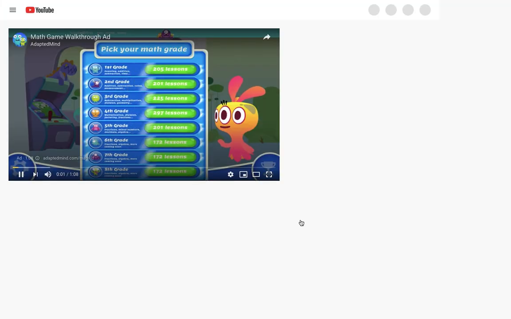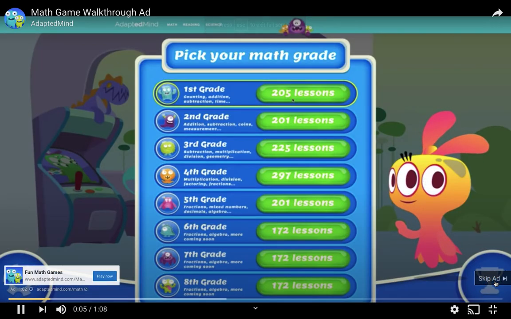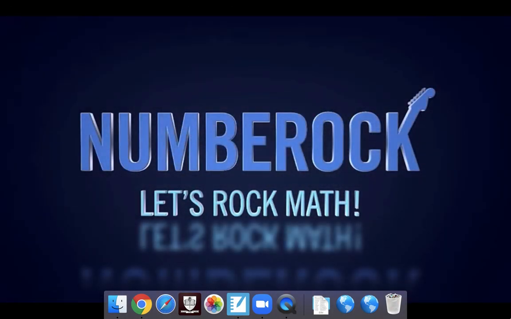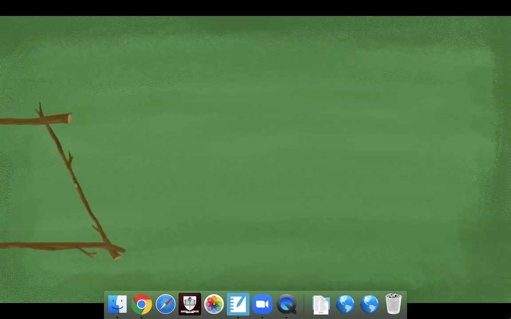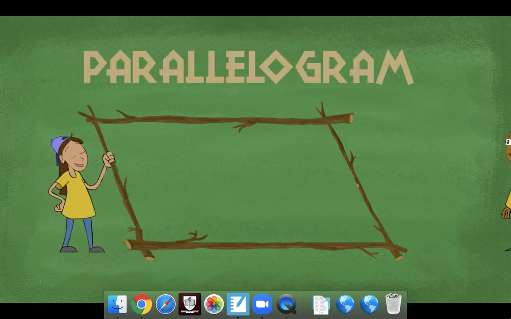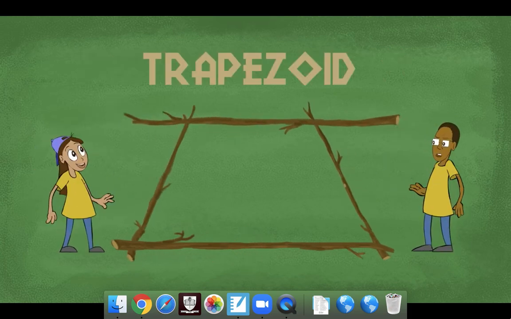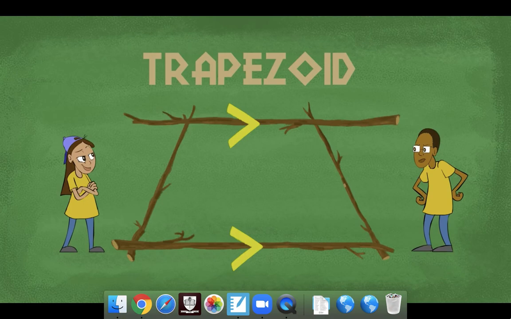Sets of parallel lines. Trapezoids only have one set at a time.